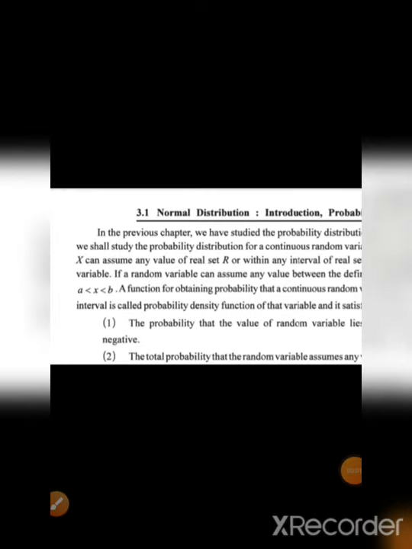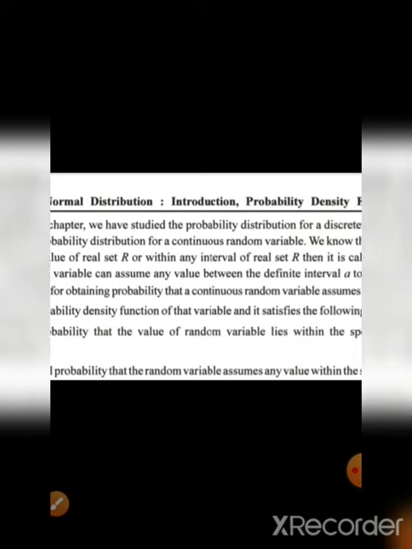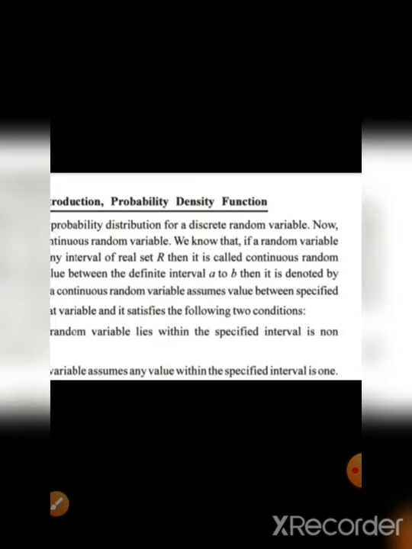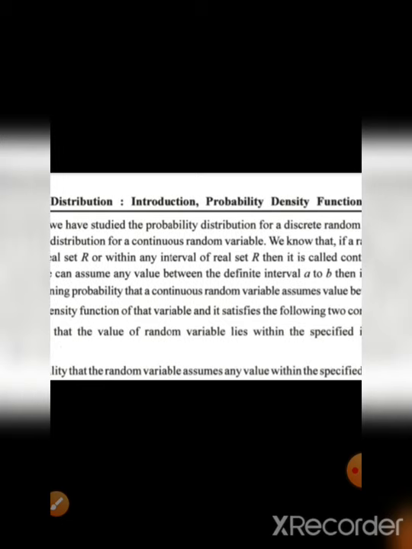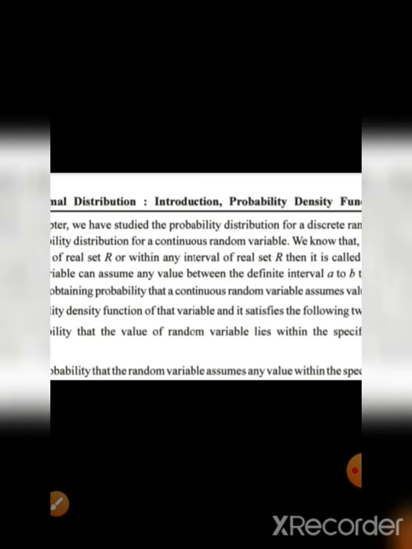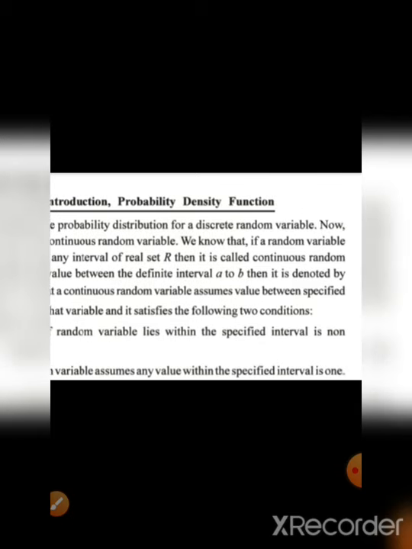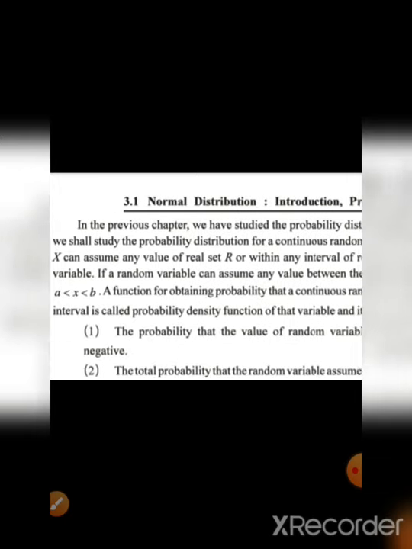Children, in the last chapter, we studied the probability distribution for a discrete random variable. Now in this chapter, we are going to talk about the probability distribution for a continuous random variable, how it could be found out or used. Now we are going to see what we mean by a continuous random variable.